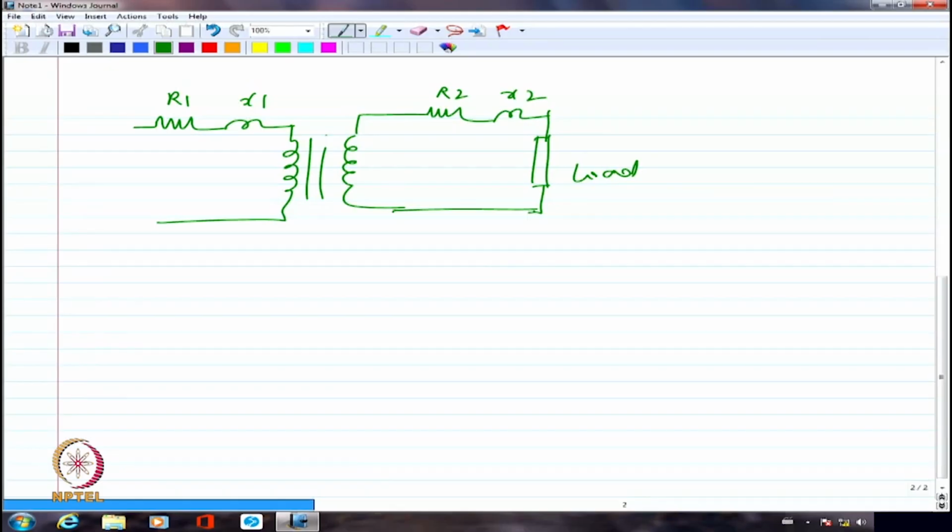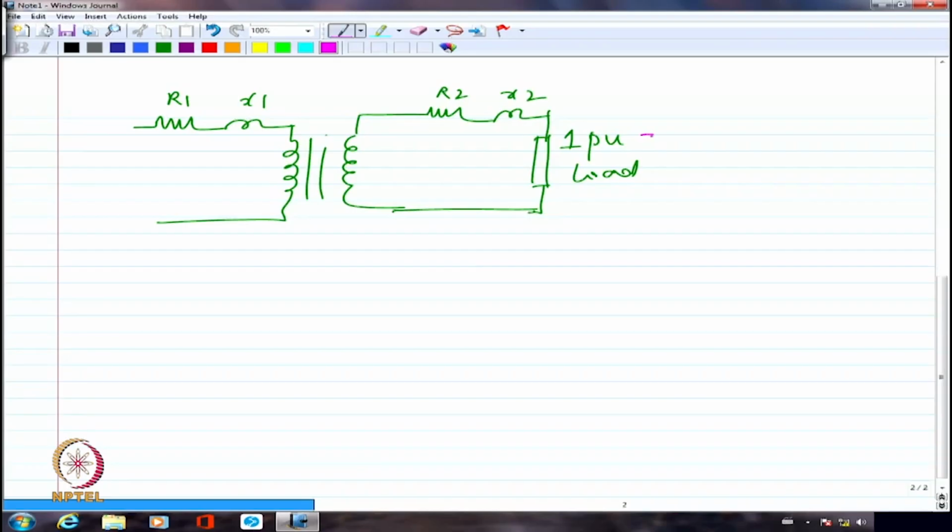So, if I am connecting 1 per unit of load, what I mean by 1 per unit is same as that of the base impedance that I have calculated. So, if I am connecting 1 per unit load, that will correspond to 5.5 ohm. If I am connecting this, the current flowing here will be I2 rated.